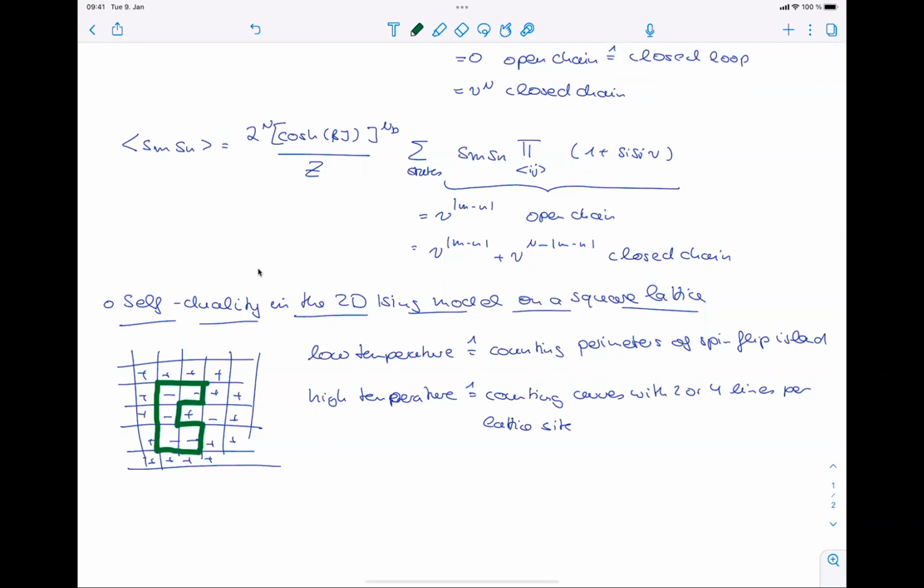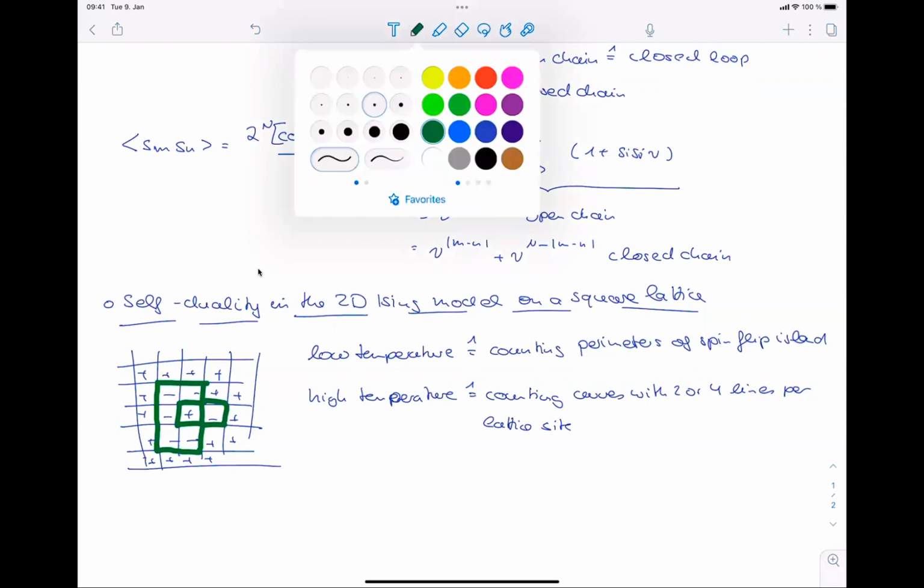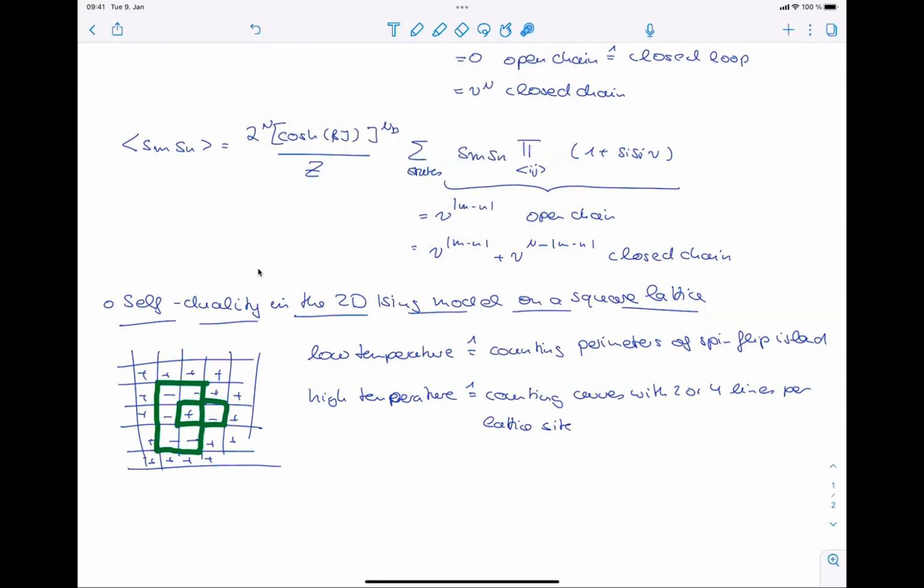It would be this one, and that's in this case also for the 2D square lattice a curve that I would count.